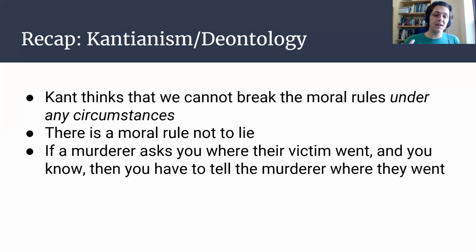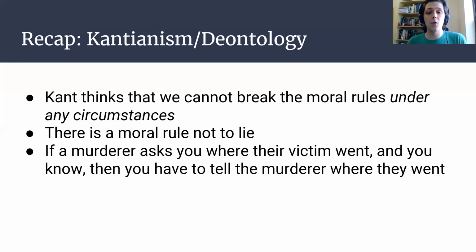So, as we talked about last week, even if a murderer is asking you where their would-be victim, the person they're trying to kill, went, and you know where the victim is, Kant thinks you have to tell the truth to the murderer. You have to say, yes, right this way. You have to direct them. You have to give them the information they want, because it would be wrong to lie to them.